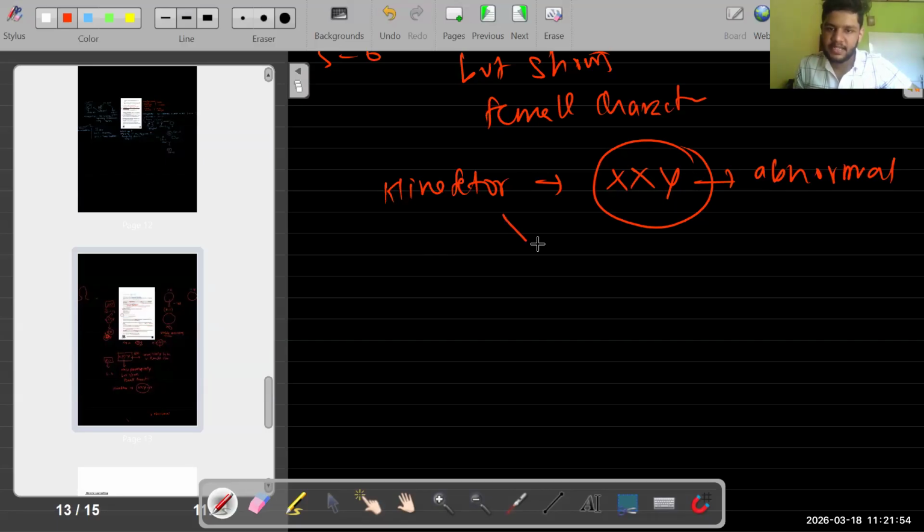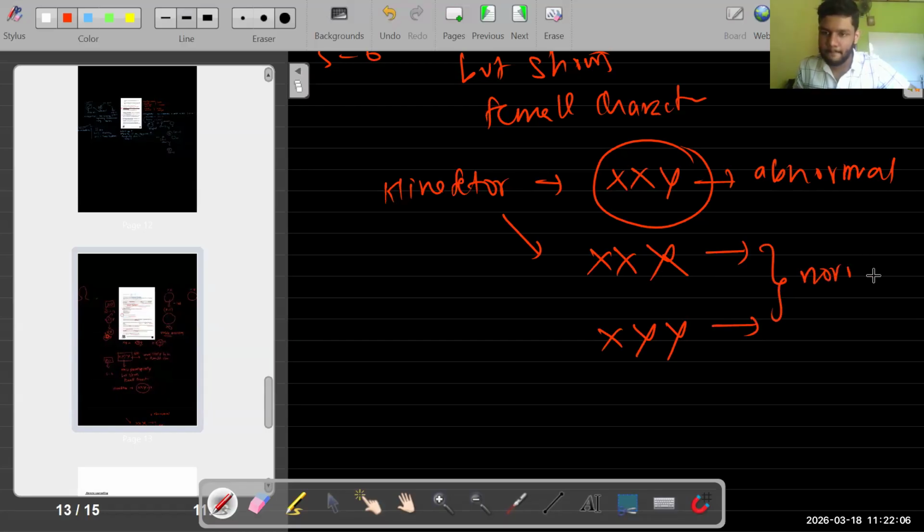But there is a condition in Klinefelter where XXX can be present or XYY can be present. If you see here, these two are normal. Why? Here an extra X chromosome is present. However, she is female, so there will only be extra female characteristic features. However, he is male here, XY, extra male characteristics can be present, right?